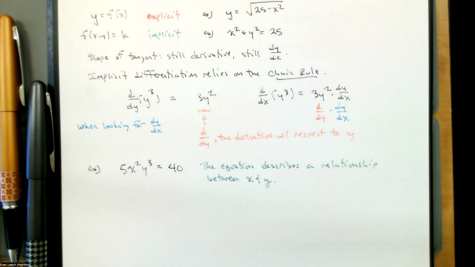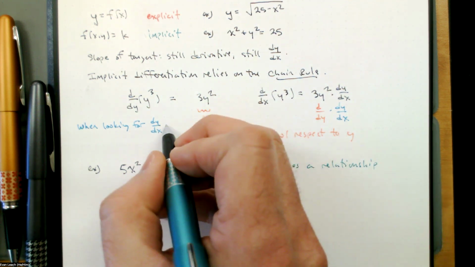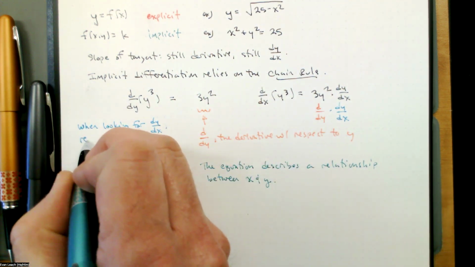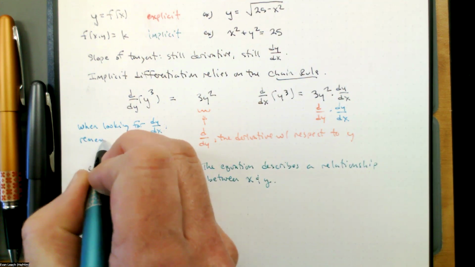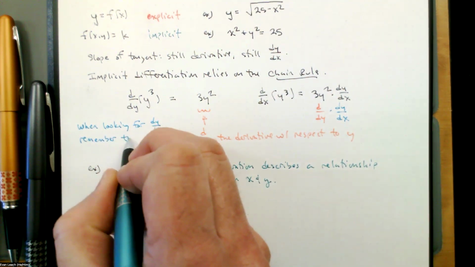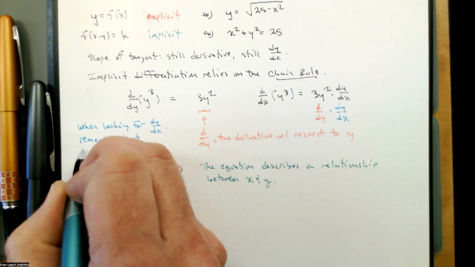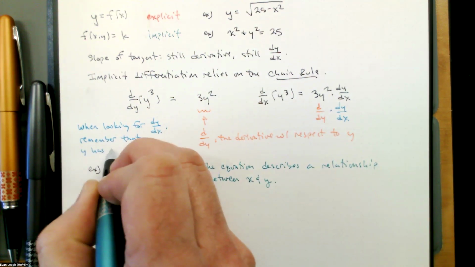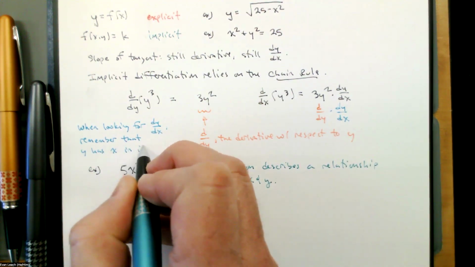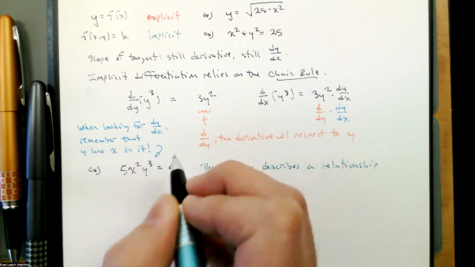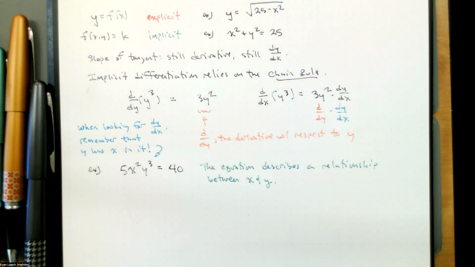The reason that we're looking for dy dx is that dy dx evaluated at a point will tell us a slope at that point. So when we're looking for dy dx, I want you to see that y cubed factor as having some x in it.